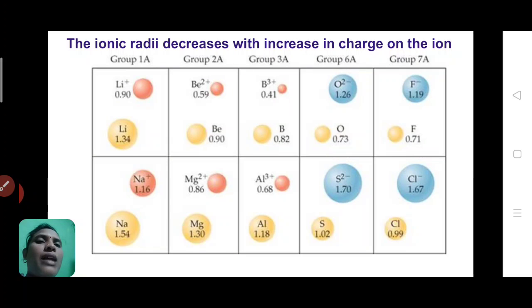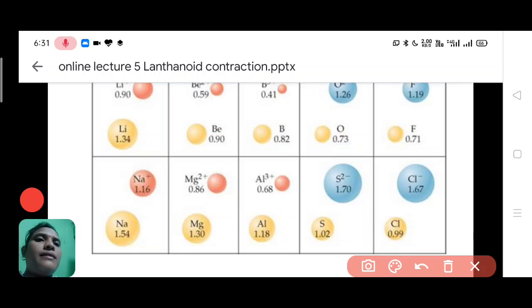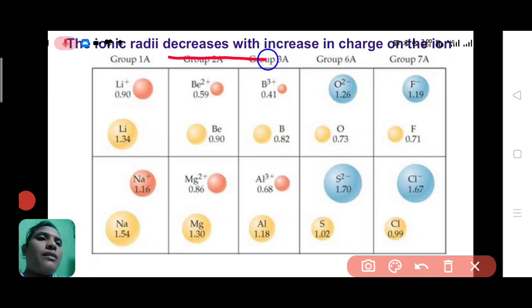Now see, ionic radii decrease with increase in charge of the ion. In this picture, all the elements are not d block elements, but I have to explain the effect of charge on the size of ions.